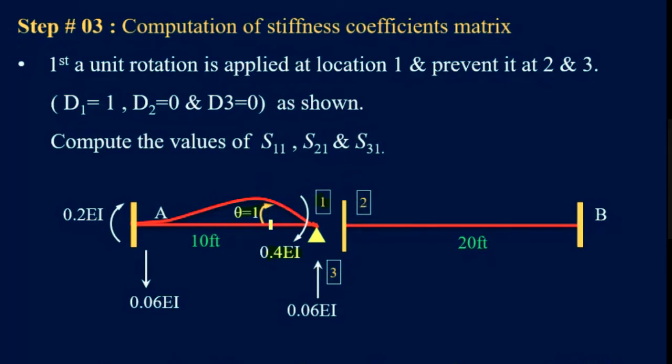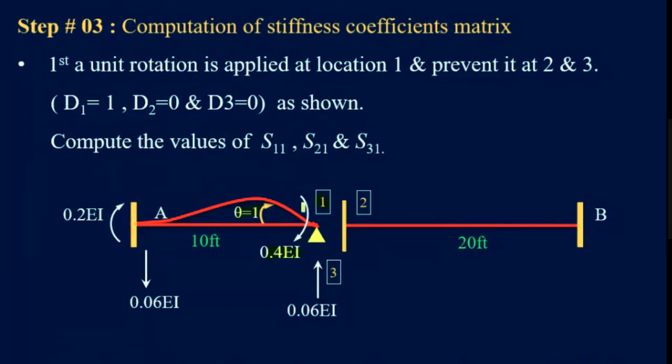So if you are rotating this D1, D2 and D3 remain fixed. They remain 0. So if this is rotating, it will only induce moments in this span, and it will have no induced moments in this span, because this is already a fixed-ended span. So these moments will not be transferred to this span.